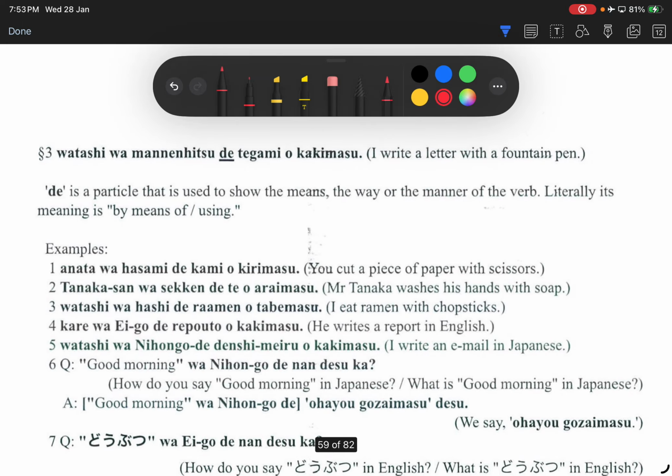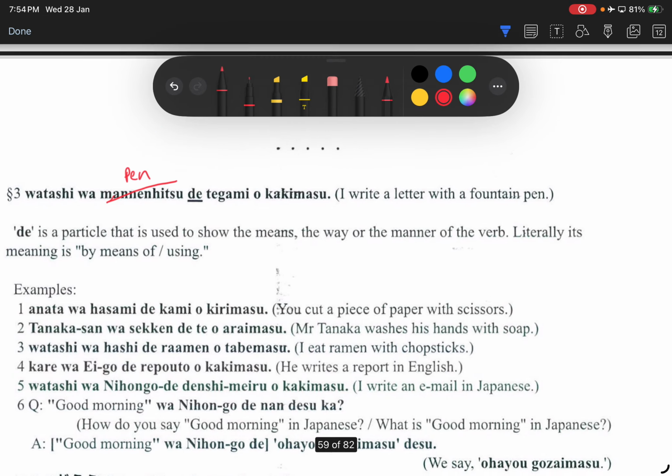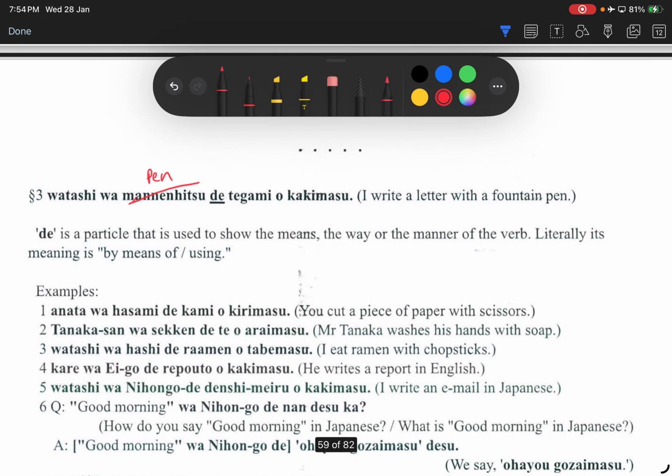We continue with number 3. Watashi wa mannen hitsu de tegami wo kakimasu. Mannen hitsu simply means fountain pen. So let's replace the word with pen, it's easier to explain. So pen de. Previously we said place of action. Is pen a place? No, it's an object.